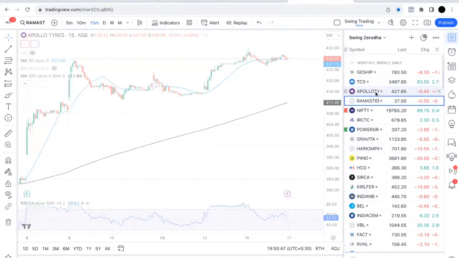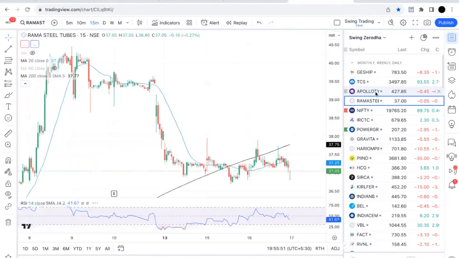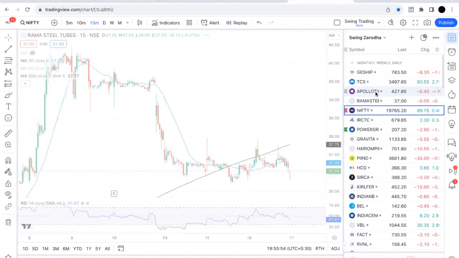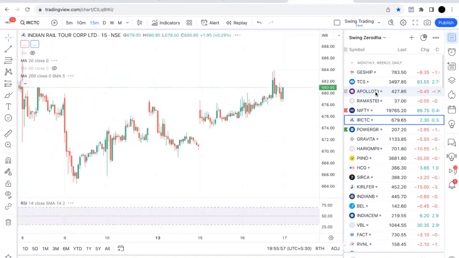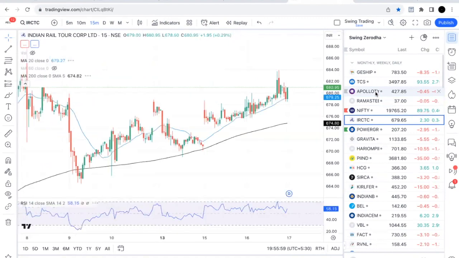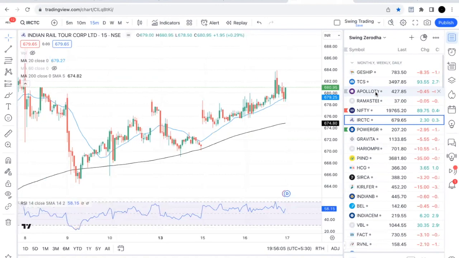Let me look for some examples of what I intend. All right, IRCTC, I haven't traded that in a while, but sometimes what I do is when the price goes away from the 20, I may enter expecting it to go back.